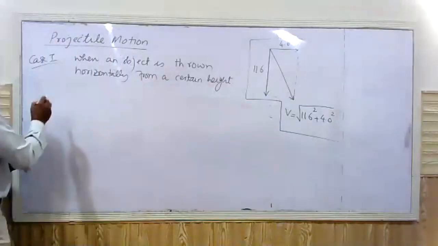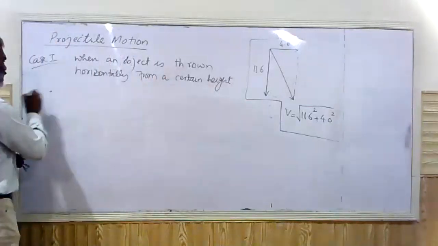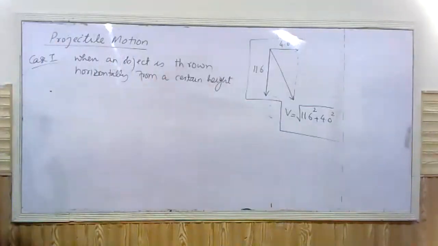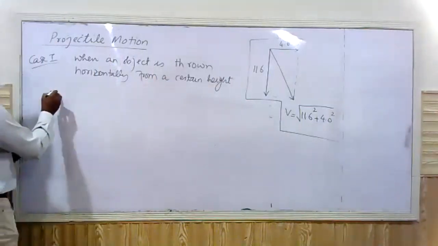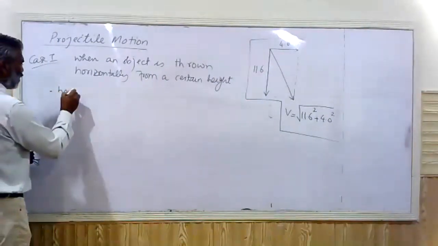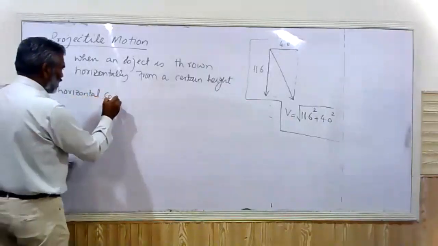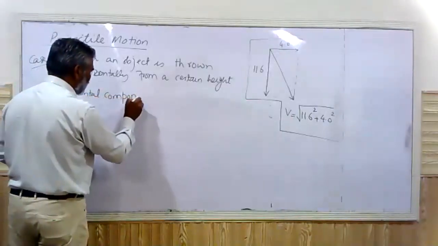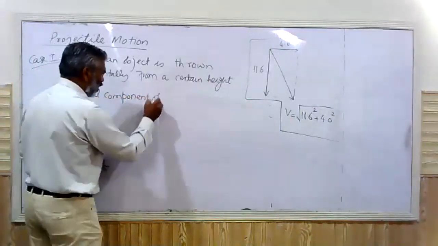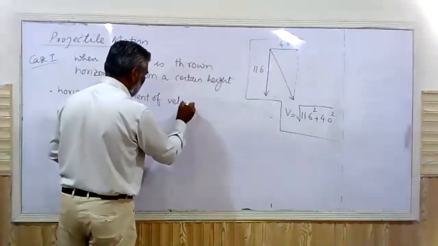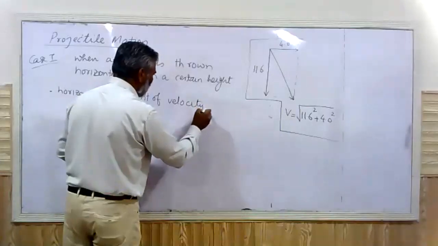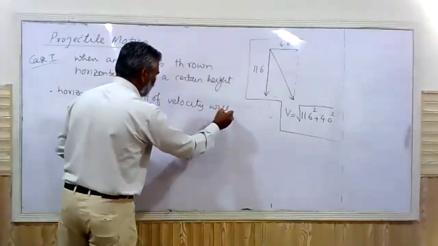So in this case, and in all other cases as well, the horizontal component of velocity will be constant.